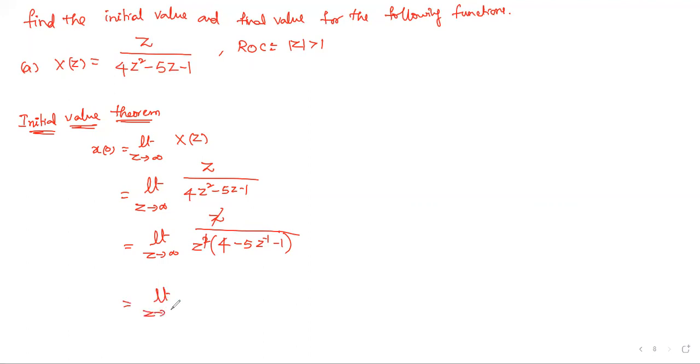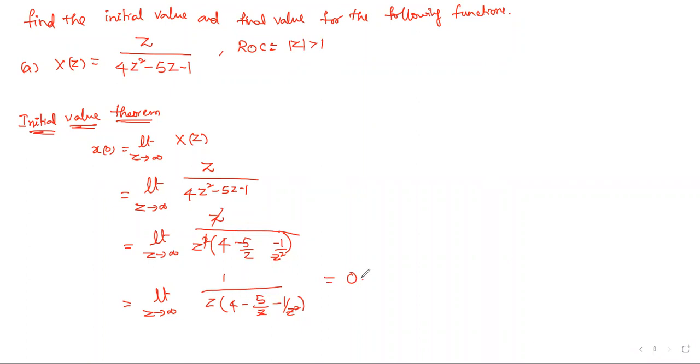Limit z tending to infinity, 1 by z into 4 minus 5 by z minus 1 by z square. Now 1 by infinity will become 0, there is no other alternative. So the initial value is 0. X of 0 is 0.